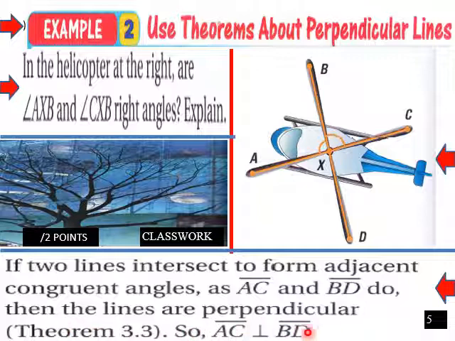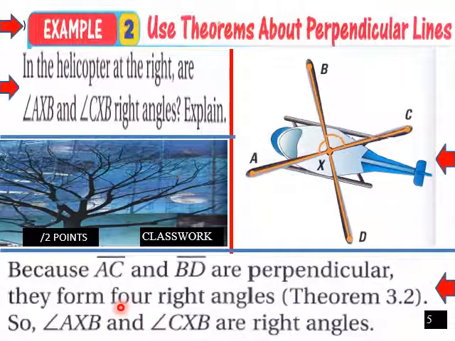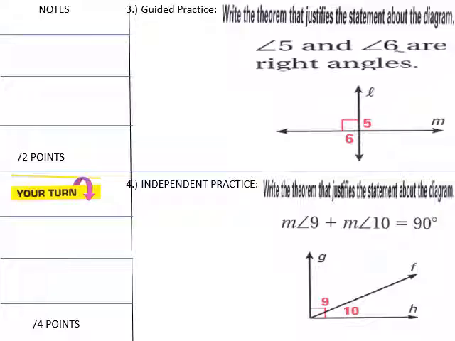So AC is perpendicular to BD. Because AC and BD are perpendicular, they form four right angles, by 3.2. So angles AXB and CXB are right angles.